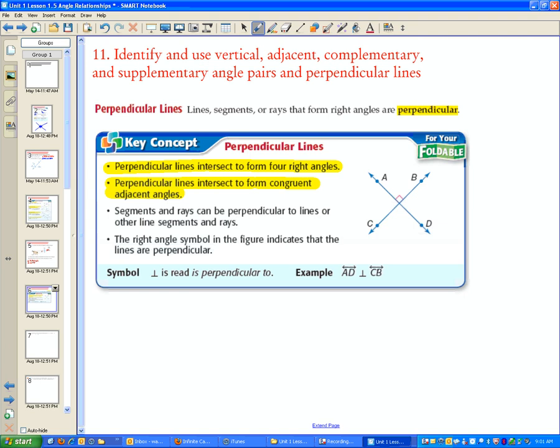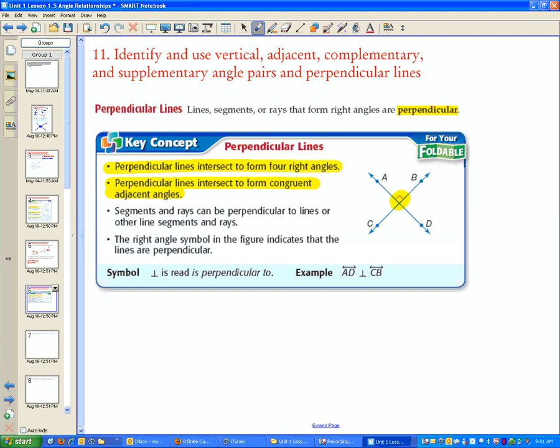Segments and rays can be perpendicular to lines or other line segments and rays. So again, lines or parts of lines that form right angles are called perpendicular. And the right angle symbol in the figure indicates that the lines are perpendicular. So we use that little symbol to mean right angle, 90 degrees, and perpendicular. Well, how do you know which one it means?